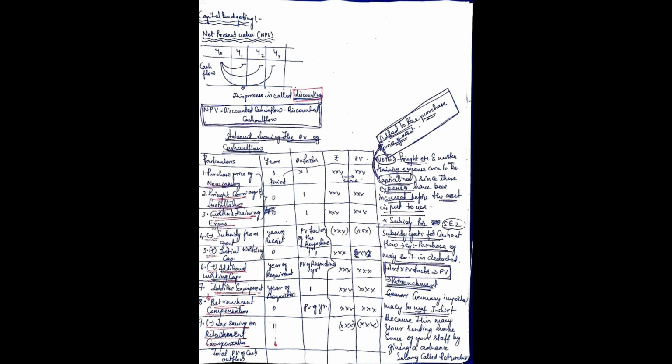What happens is, when a retrenchment compensation has been paid in the previous year, the tax savings will be taken into consideration in the next year of retrenchment compensation. Very important. Another note: the freight and the worker training expenses are to be capitalized, in the sense added to the purchase price of the asset, since these expenses have been incurred before the asset is put to use.